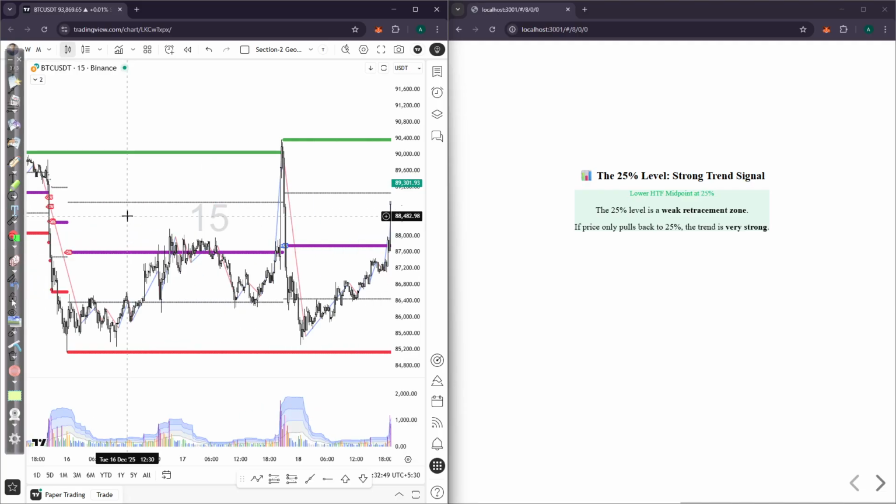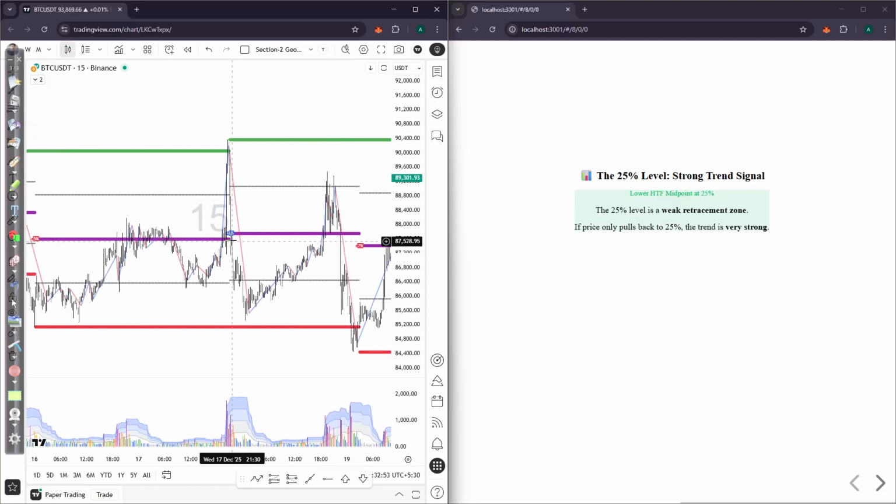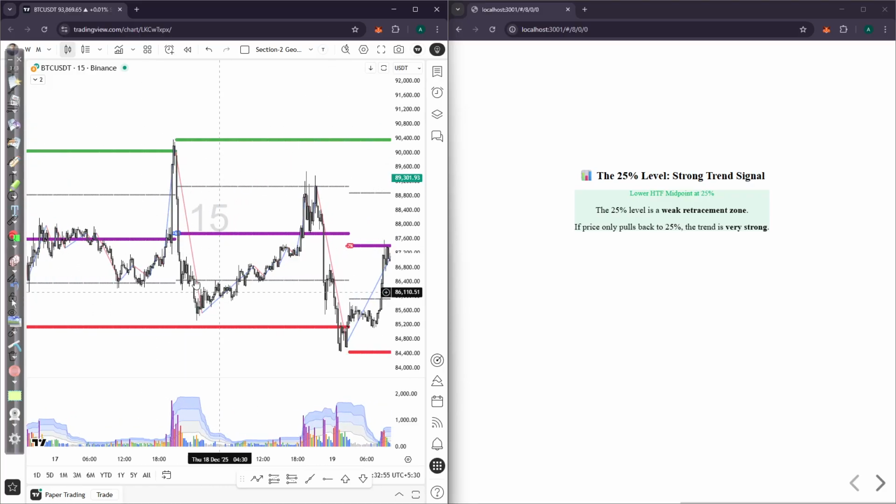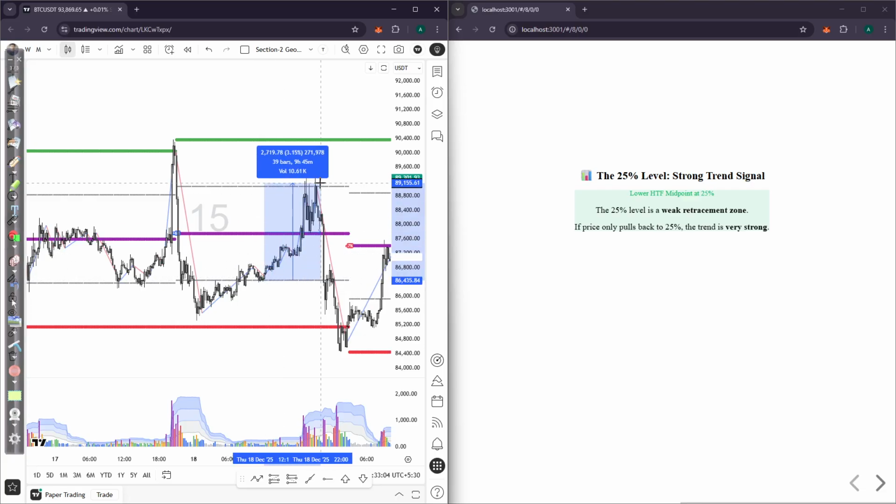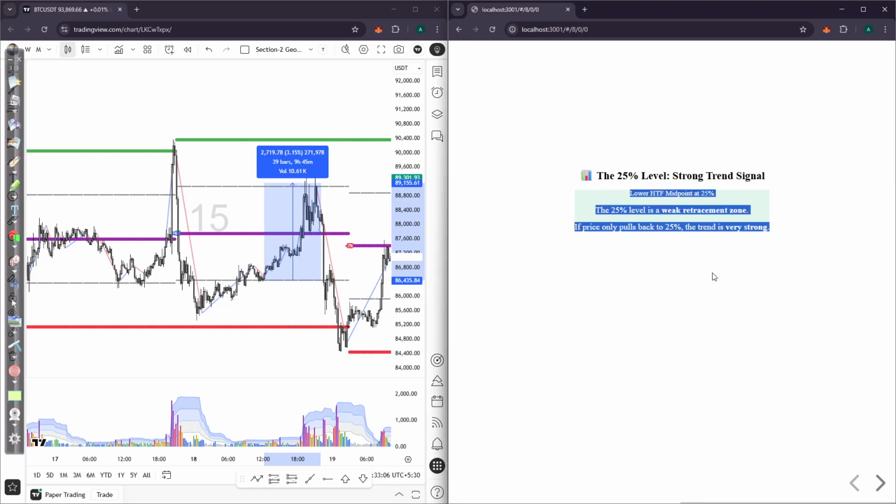I mean, yeah, this we can take. See, it made a new high, then it pulled back to the 25% level, then it went up, came back here. So this would be a good trade to take. That's what it's talking about.